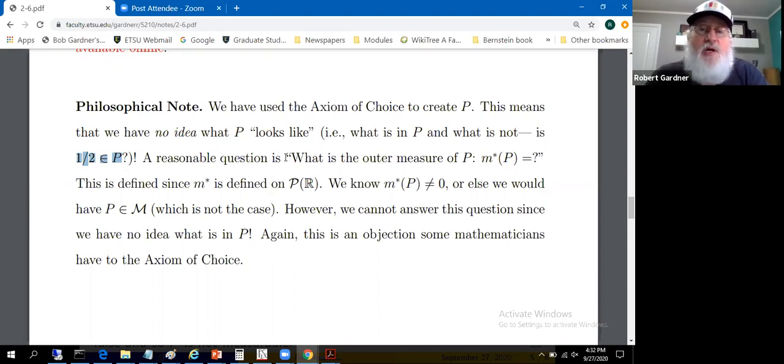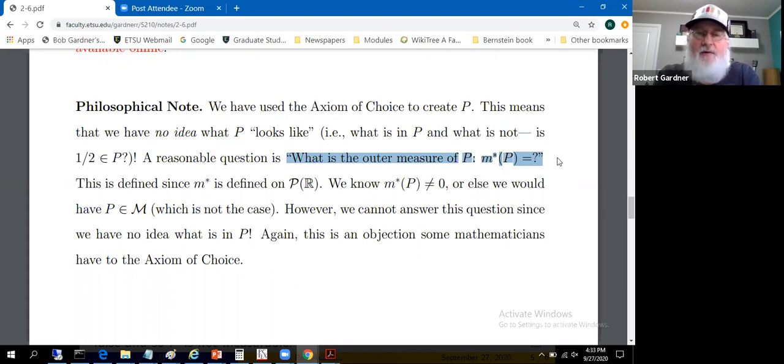Here's an interesting question, I think. What's the outer measure of set P? It can't be 0 or P would be measurable. And we just showed P is not measurable. So it must have some positive outer measure. Well, what is that positive outer measure?